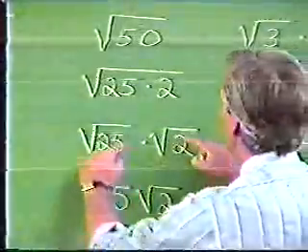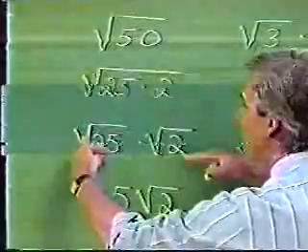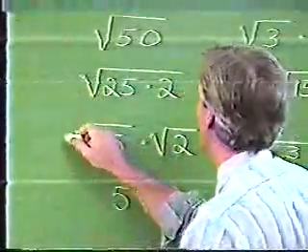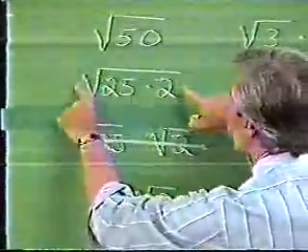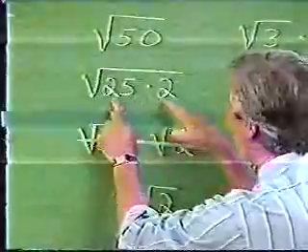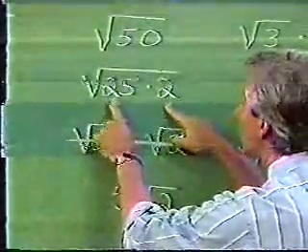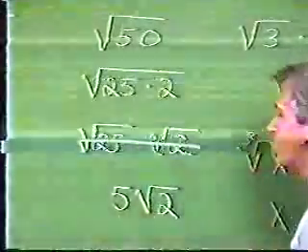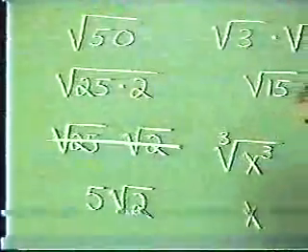Now, often, both of these steps would not be written. Only one of them would be written. Probably this one, I would think. So you factor into the squares times the leftovers. You understand that you can take the square root of one of these factors separately, or each of them separately. So we simply write 5 the square root of 2.